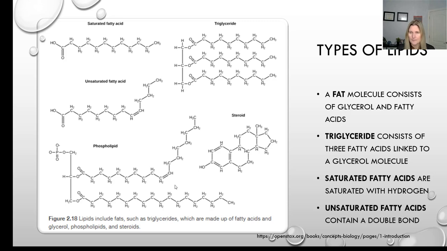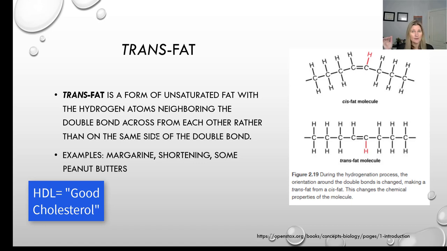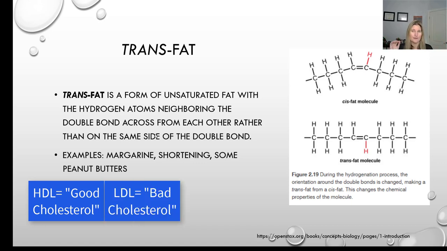The difference between the other ones, the HDLs and the LDLs: LDL is a low density lipid versus a high density HDL lipid. And when we're looking at our cholesterol level, we want to have higher numbers of HDLs to lower numbers of LDLs.